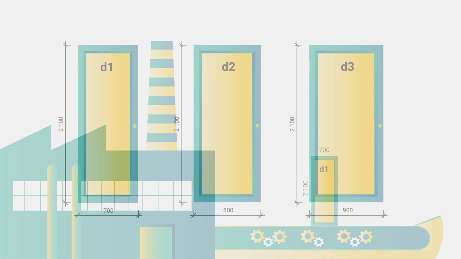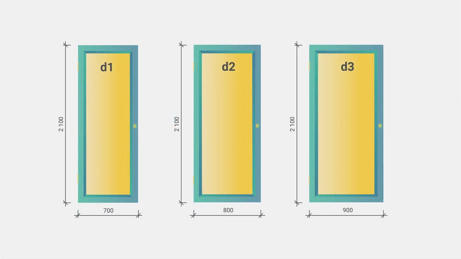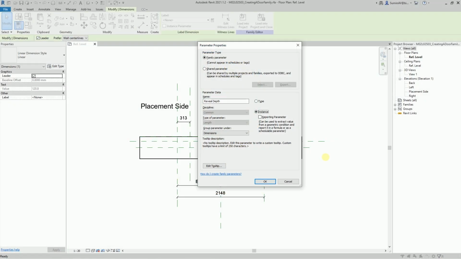And then we can have many types in our project, D1, D2, D3, different from each other in width and height. And if there are only 3 such types in the family, then we can be sure that all doors in our project will be either D1 or D2 or D3, and there will not be any other doors of inappropriate sizes. This is very convenient for project unification.